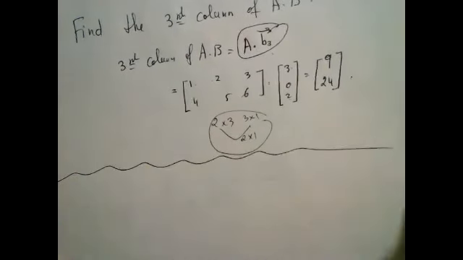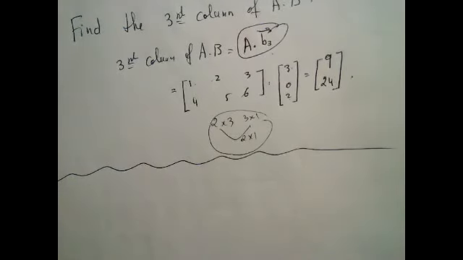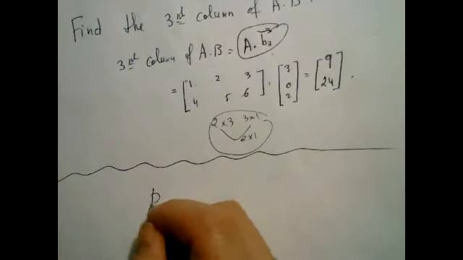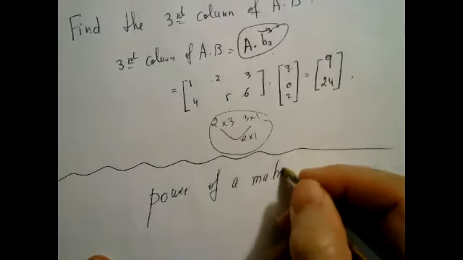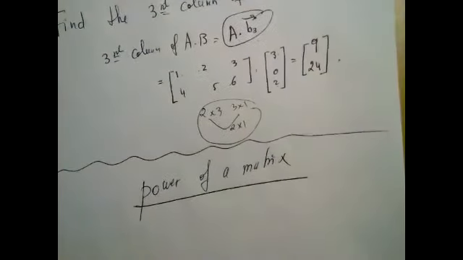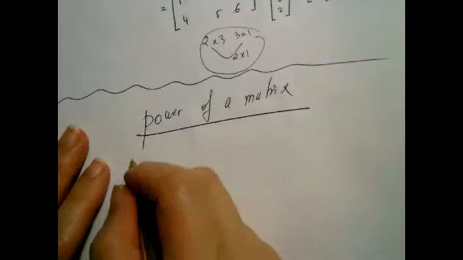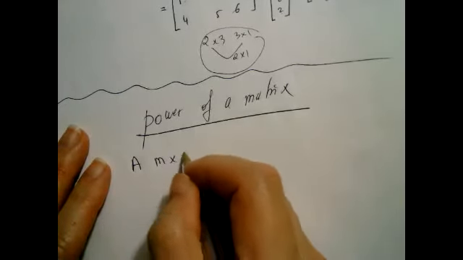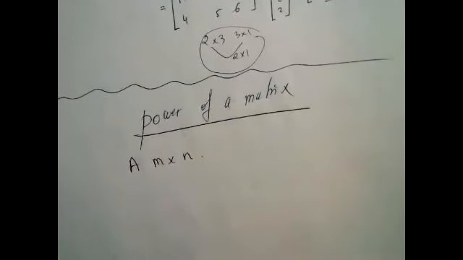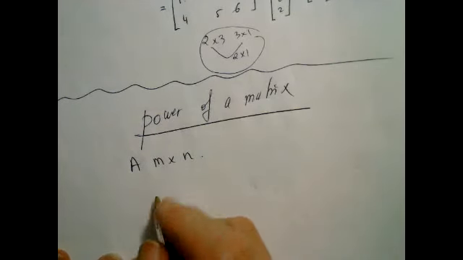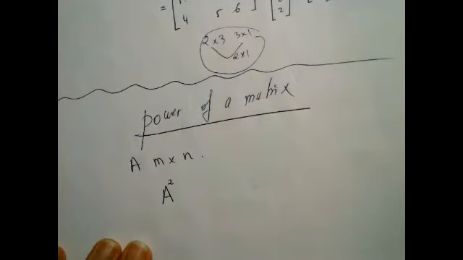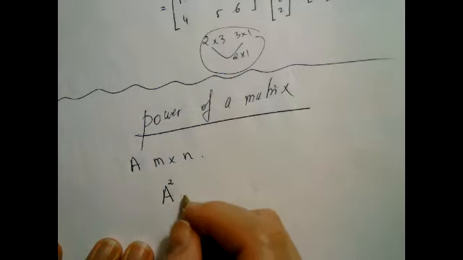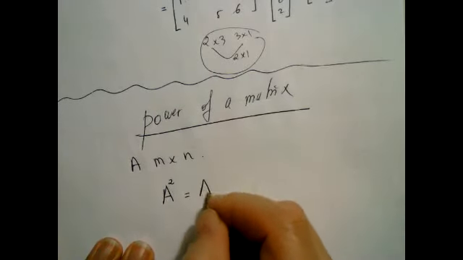The last thing, give me 2 minutes because I want to finalize section 2.1, is about the power of a matrix. Okay. Suppose A is n by n. Power of a matrix means sometimes we see A squared. What do we mean by A squared? We mean what we want to mean. We're not changing the meaning.